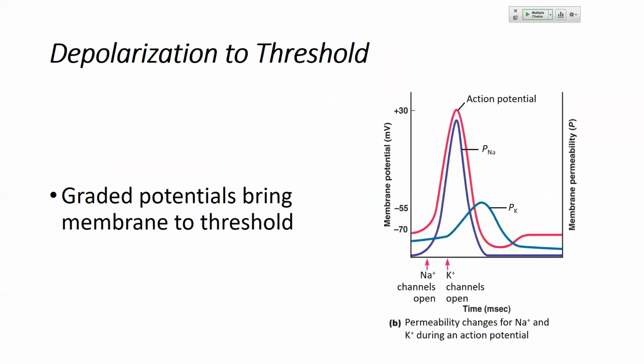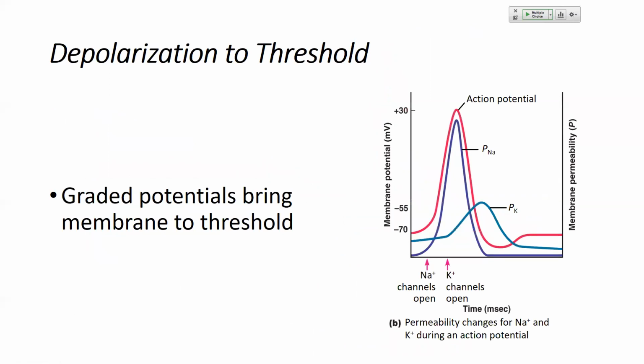Now, we depolarize to threshold. Again, using graded potentials, so lots of small changes or fluctuations in the membrane potential. Those are then summed, and we determine whether or not we get to threshold. If we did get to threshold, we spike an action potential, and then we repolarize back to normal.